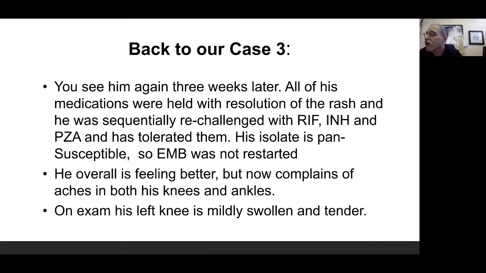We know that his isolate's pan-susceptible, so he was not restarted on ethambutol, so perhaps that was the culprit. He is feeling better, but now he's complaining of aches in his knees and his ankles, and on exam, his left knee is mildly swollen and tender. How would you manage his symptoms?